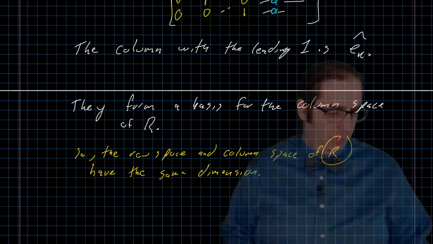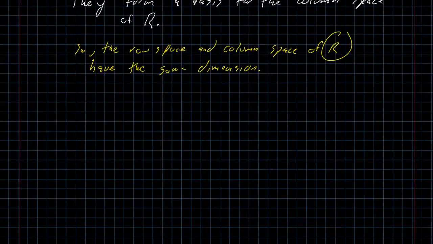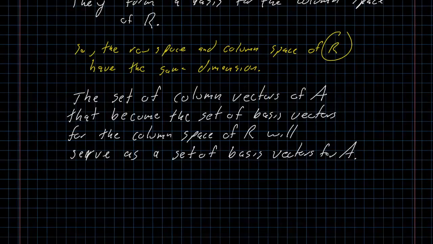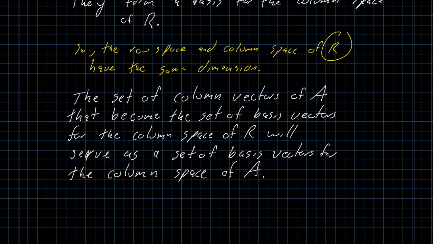All right, writing that out, a little bit tricky. I'm going to write it: the set of column vectors of A that become the set of basis vectors for the column space of R will serve as the set of basis vectors for the column space of A. Sorry about that.